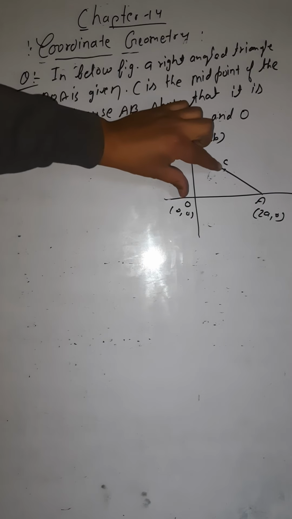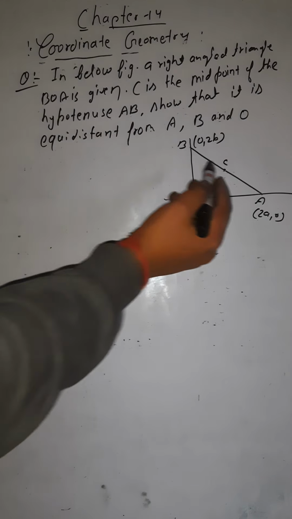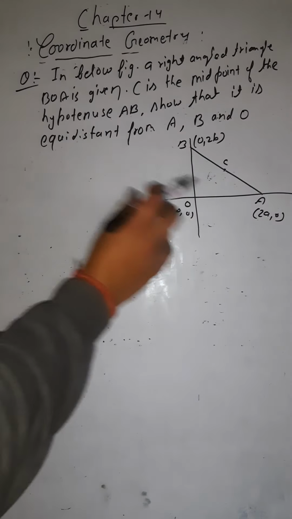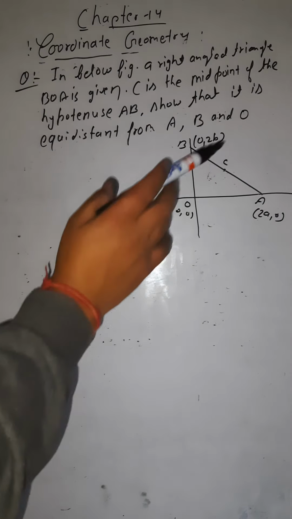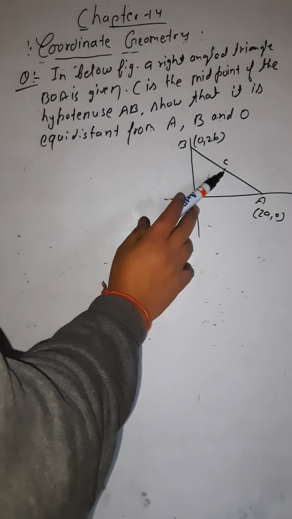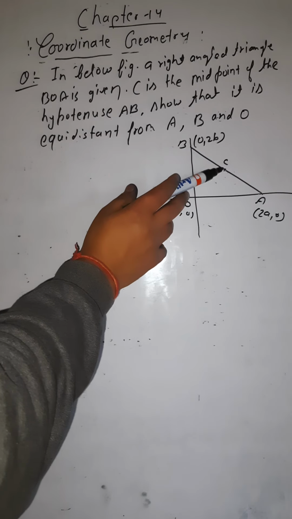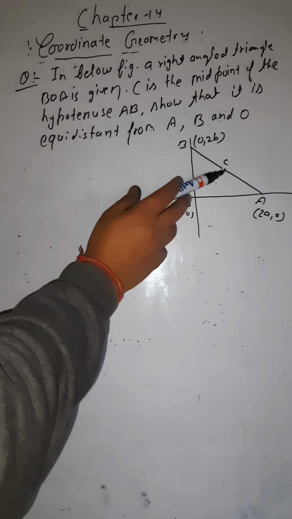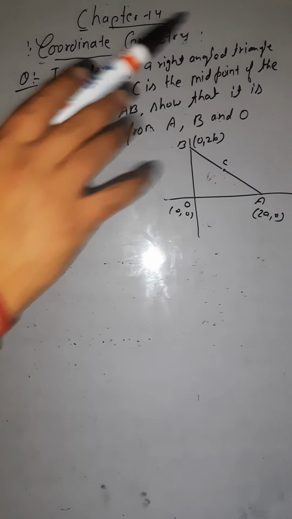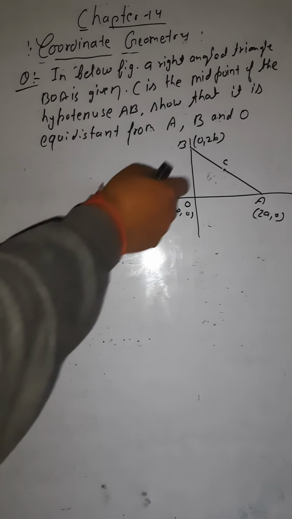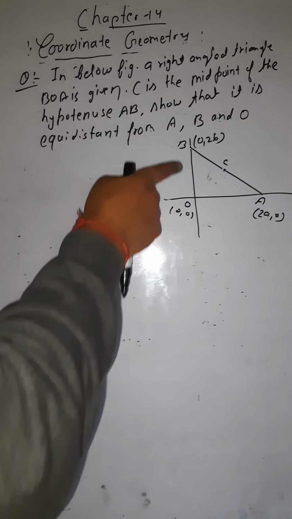So this C has the same distance from A, B and O. Let's say this distance is 5, so this distance is also 5, and this distance should also be equal to 5. For example, I'm telling. So you have to tell that yes, C is equidistant from B, O and A.